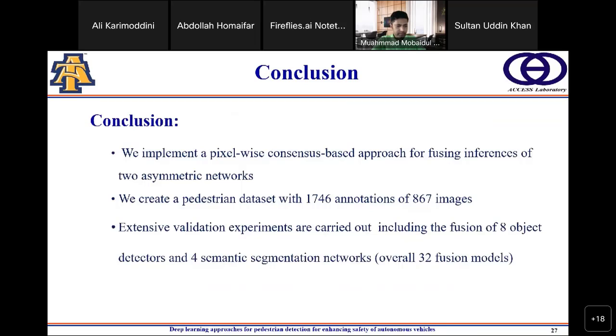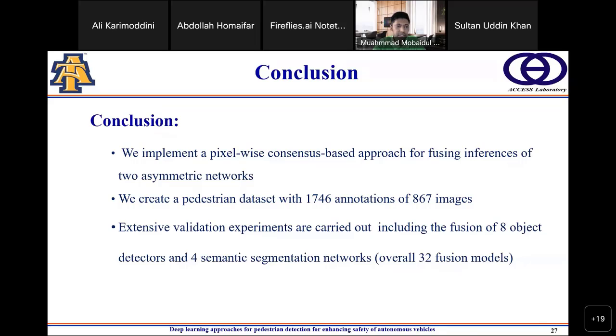So now I have come to the conclusion of my presentation. In conclusion, we implement a pixel-wise consensus-based approach for fusing inferences of two asymmetric networks. We create a pedestrian dataset with 1746 annotations of 867 images, and we named the dataset the Greensboro Downtown dataset.